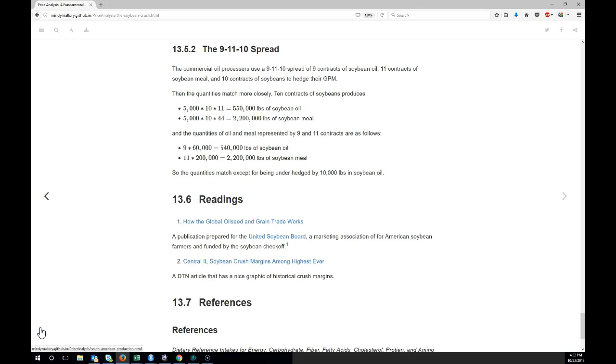So if you do the math problem and figure out the lowest number of contracts that you would have to buy to get these proportions pretty close, you would come up with 9 contracts of soybean oil, 11 contracts of soybean meal, and 10 contracts of soybeans to hedge the gross processing margin. So let's take a look at what that means. In this case, the smallest multiple of the hedge that we can do is for 10 contracts of soybeans, so let's go with that.